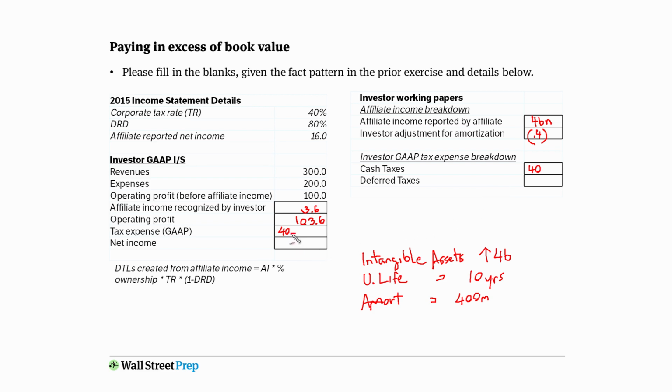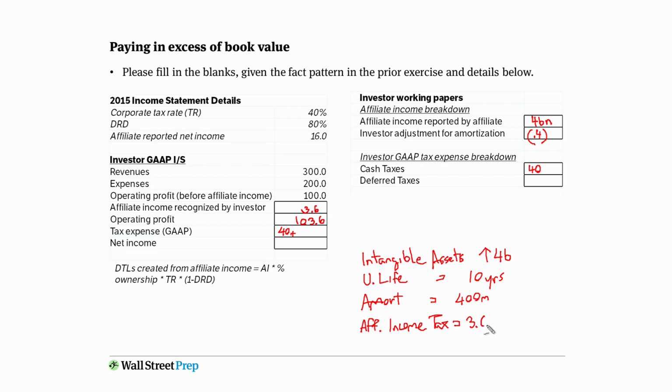But in addition to that, and this is what the working papers are for, is to recognize that at a dividend received discount of 80% and a corporate tax rate of 40%, we've recognized affiliate income of 3.6. And so let me actually put this off on the side here. The taxes from the affiliate income equals 3.6.